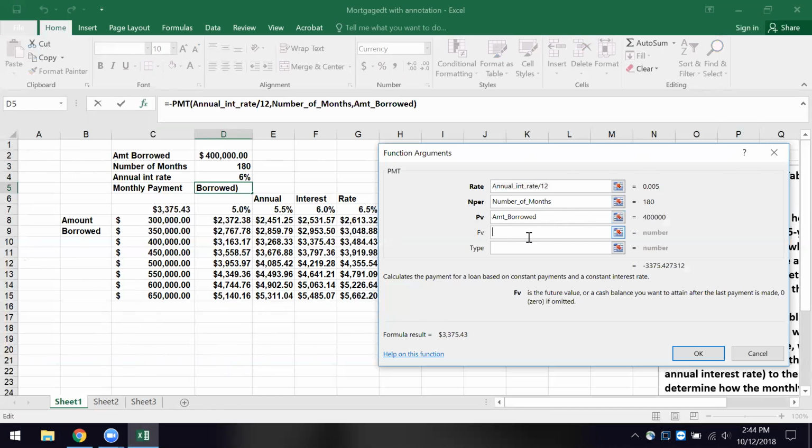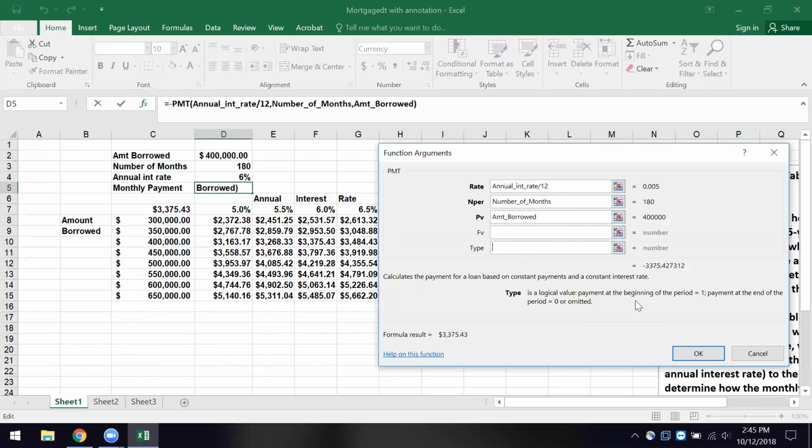Now, notice I don't put anything on the future value, and it's 0. It's assumed to be 0. You'll pay it off. Then type. Here's something very interesting for you to take a look at. On type, notice it says this is a logical value. Payment at the beginning of the period equals 1.